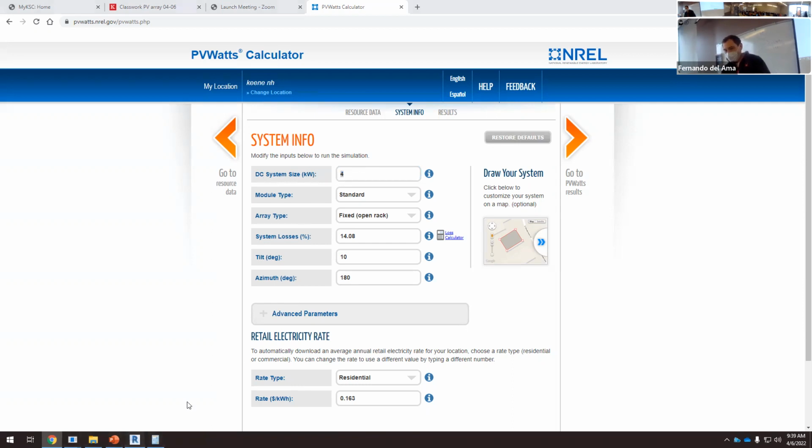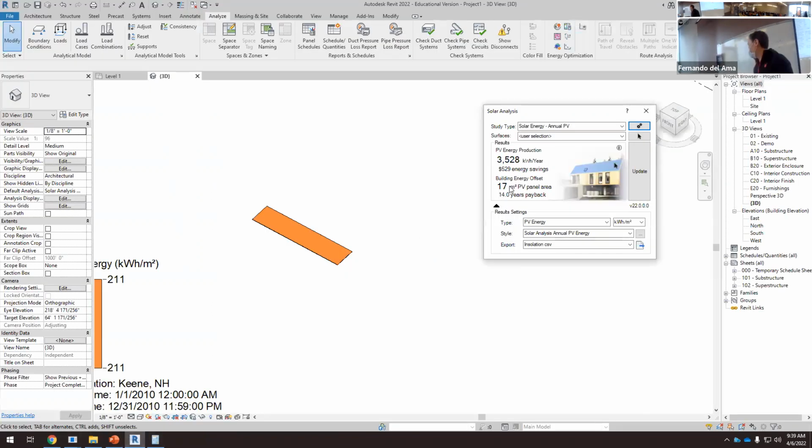In Revit, the input is the area. It's 17 square meters or 180 square feet. So this is 180 square feet. Okay, and the efficiency is 16%.